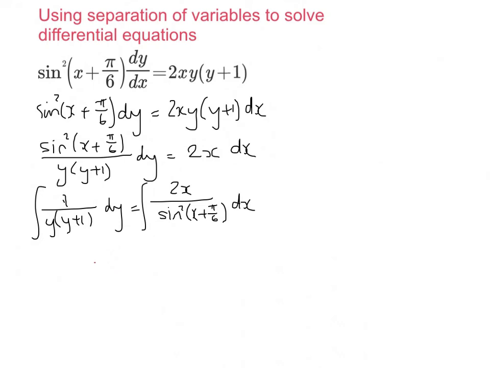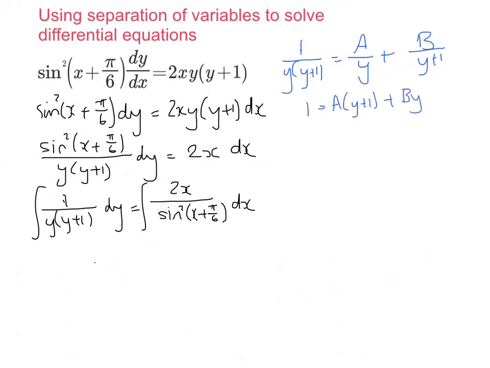Right, left hand side. What have we got? 1 over y(y plus 1) is going to equal something over y plus something else over y plus 1. Cross multiplying gives us A(y plus 1) plus By equals 1, and letting y equal 0, I get 1 equals A. Letting y equal minus 1, I get 1 equal to minus B. So I've got a 1 here and I've got a minus 1 up here, and then I can use that on my integration.